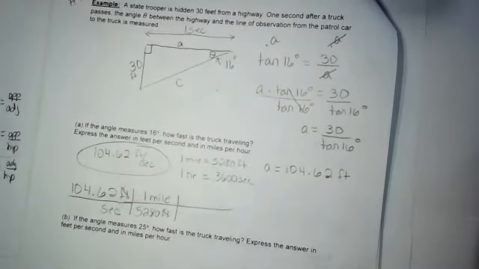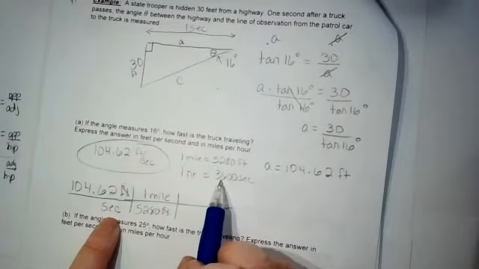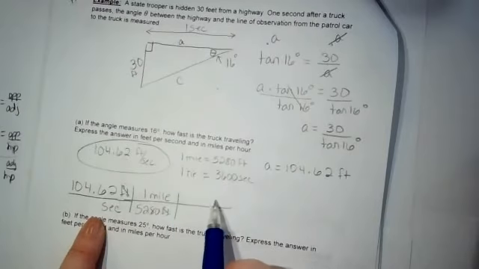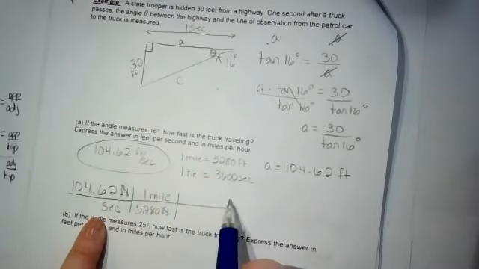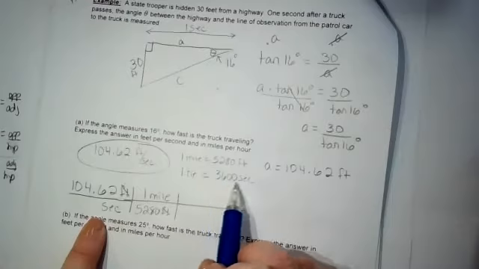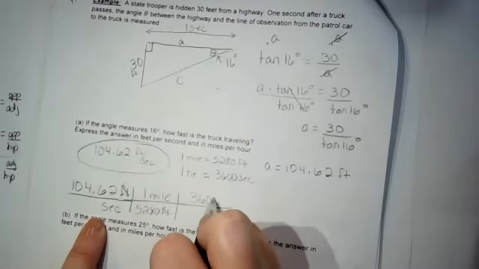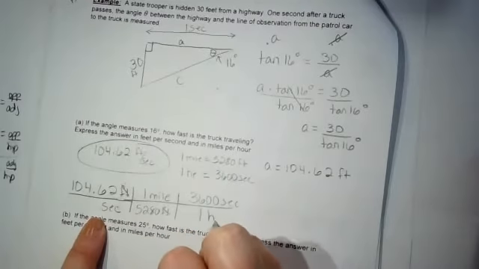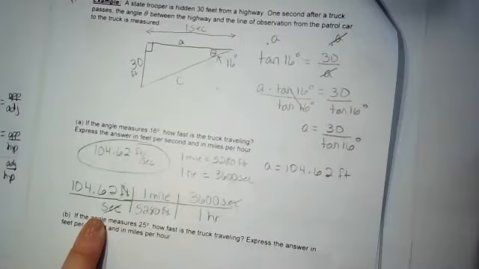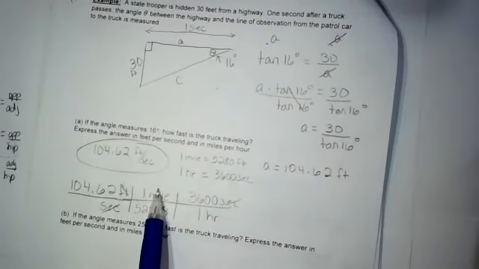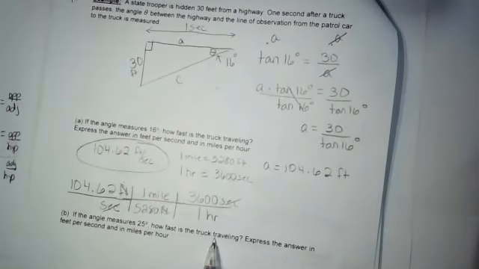Now I want to be in miles per hour. So now I go to this conversion. I want my seconds to cancel. So who's going to go on top? The 3,600 seconds, and the 1 hour on the bottom. Now my units are miles per hour.